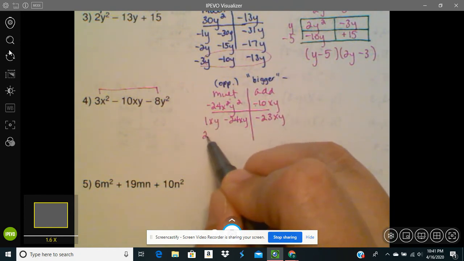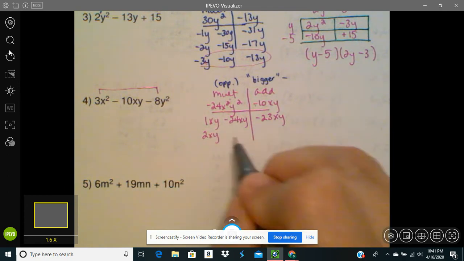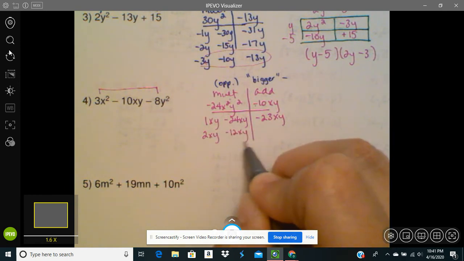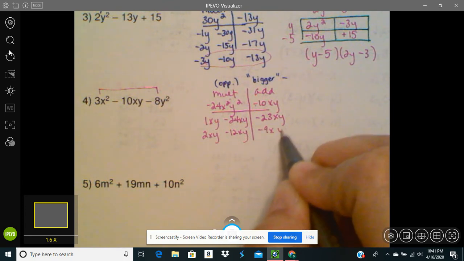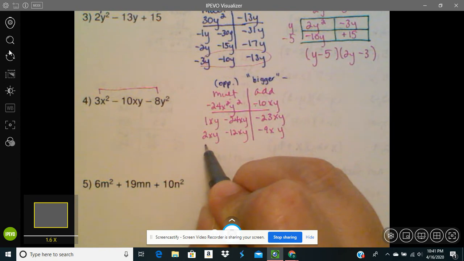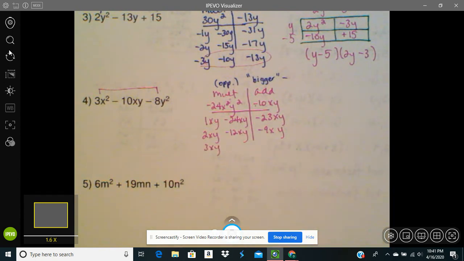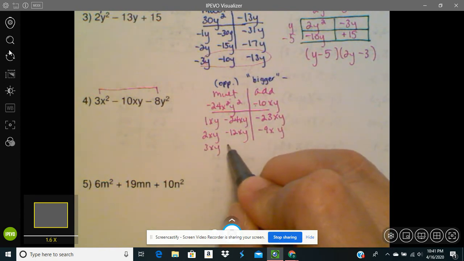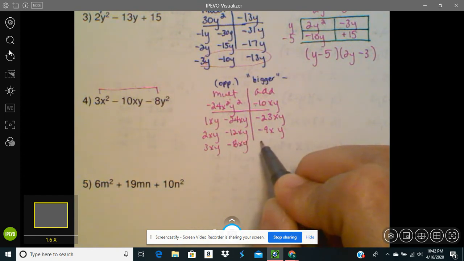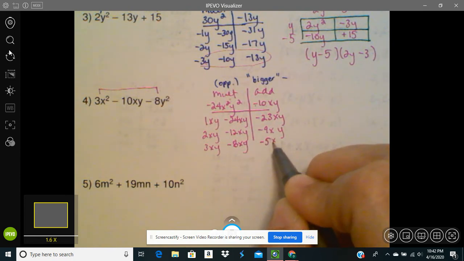I've got 2xy and I've got negative 12xy. That adds to negative 9xy. I've got 3xy and negative 8xy. That adds to negative 5xy.